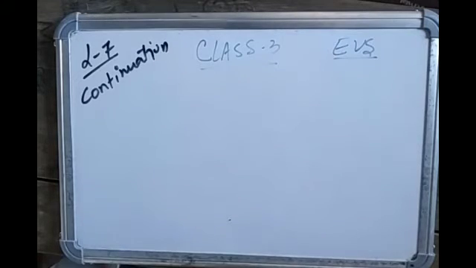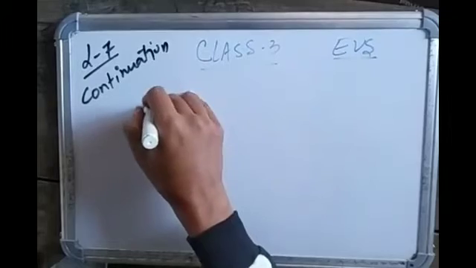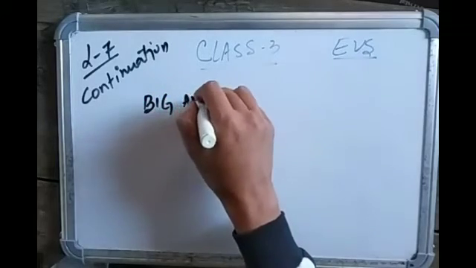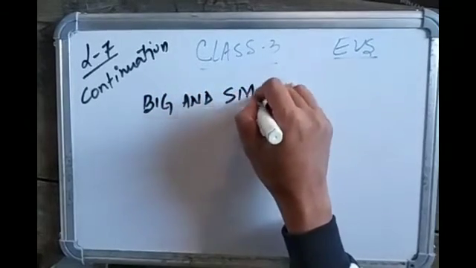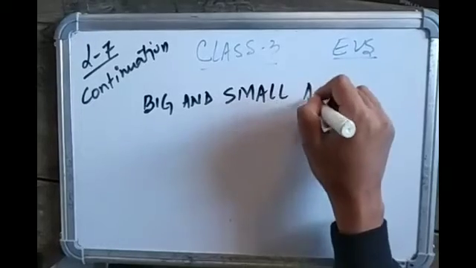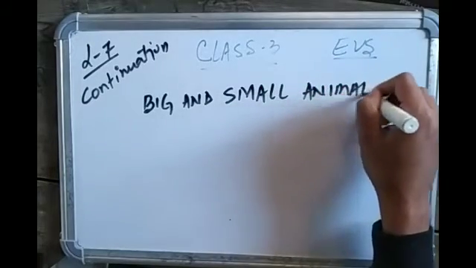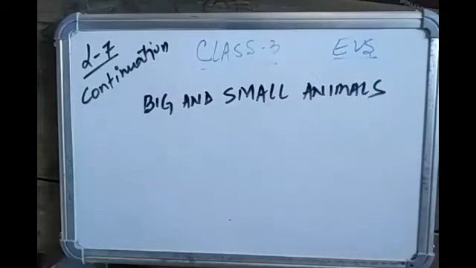So in the last class we have discussed about big and small animals. We have discussed about very big animals, small animals, very small animals.